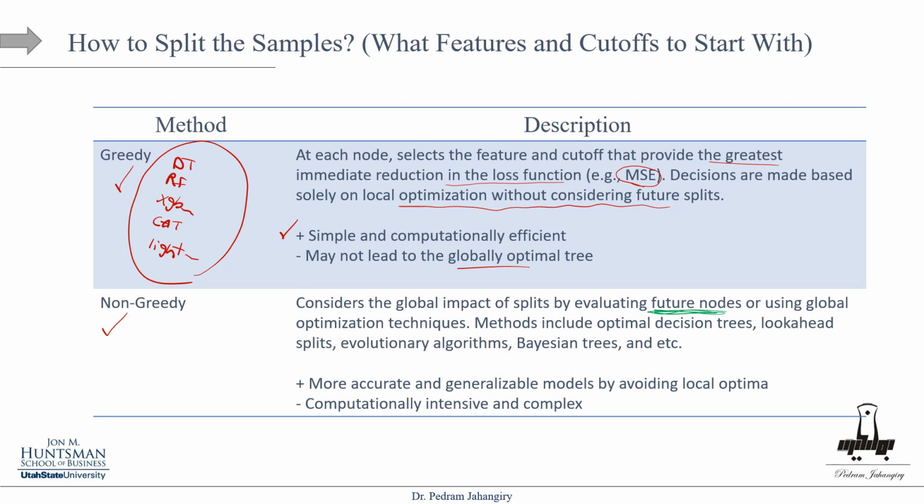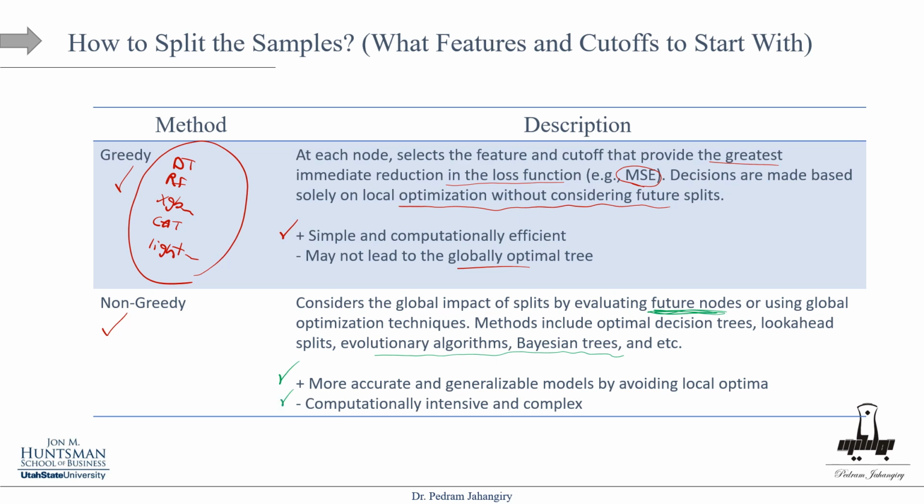We have methods like look-ahead splits, evolutionary algorithms, Bayesian trees, and so on. But the idea is that they want to look at the entire aftermath of that split down the tree and then come up with the optimization for that. So obviously it is more accurate and generalizable by avoiding local optima. But the problem is that it's going to be computationally expensive, right?